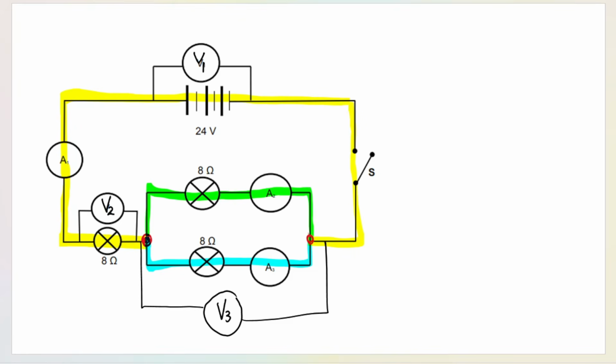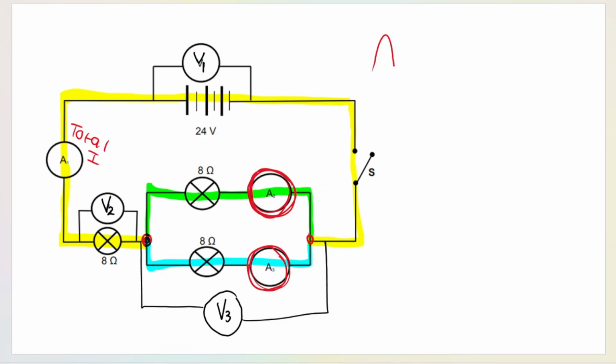A1 will read total current. A2 will read a split current. A3 will read a split current. But what this means is if I take the current reading on A2 and the current reading on A3 and add them together, it would give me the total current.